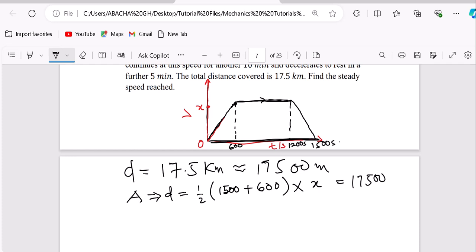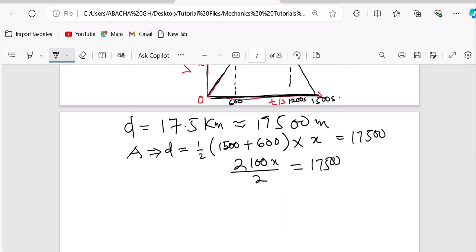We will now have 2100x all over 2 equals 17500. 1500 plus 600, yeah, is 2100. Divide by 2 and you get 1050x equals 17500.